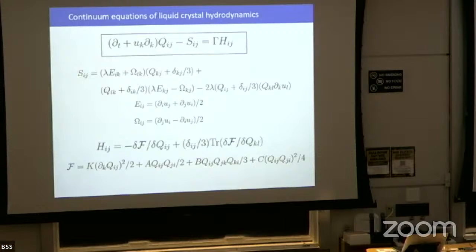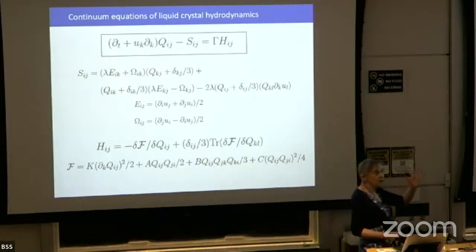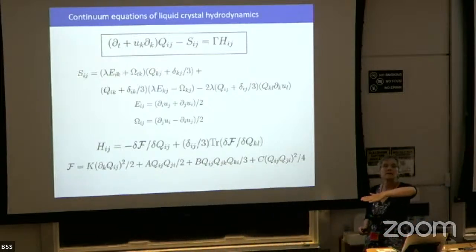And then I have this elastic term, which says that the thing doesn't like being distorted away from its aligned state. So what I need in my equations is something which says that if I turn off the flow, it will relax back to the minimum of the free energy.